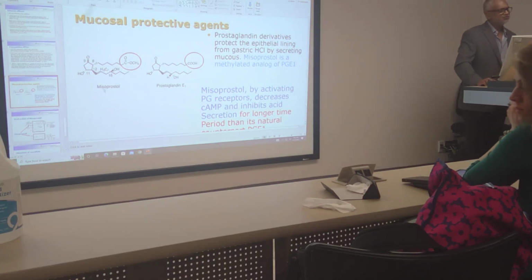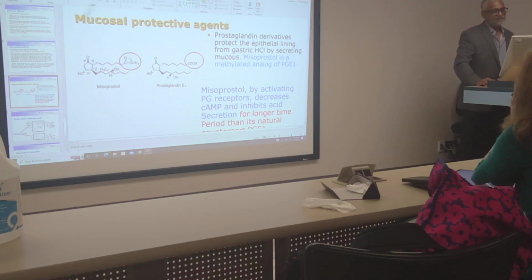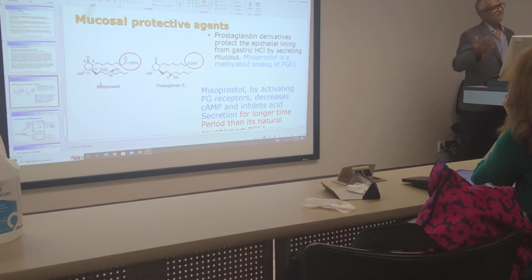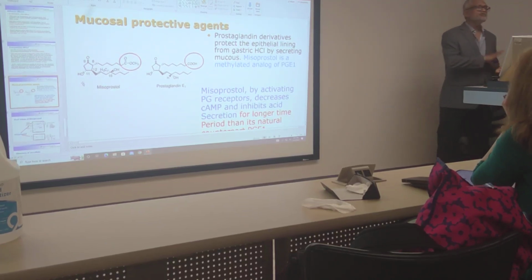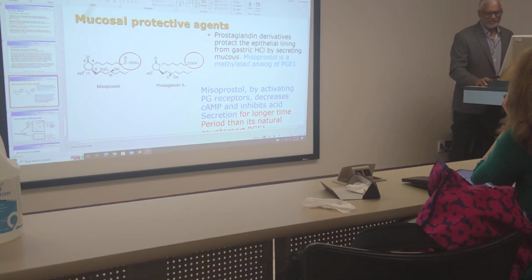So misoprostol is synthesized by just doing the esterification. The carboxyl group is blocked by esterification. When it is esterified, it stays. The decarboxylase cannot act on the esterified group. Therefore, misoprostol is a stable analog of prostaglandin E1, and it can give you long-lasting inhibition of the pump.